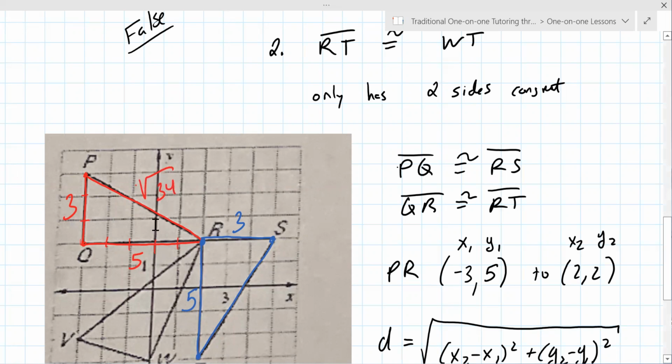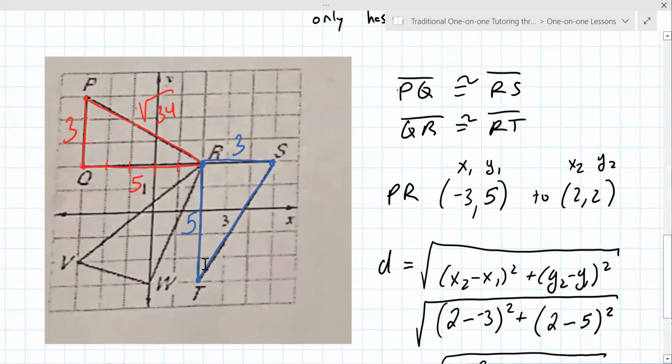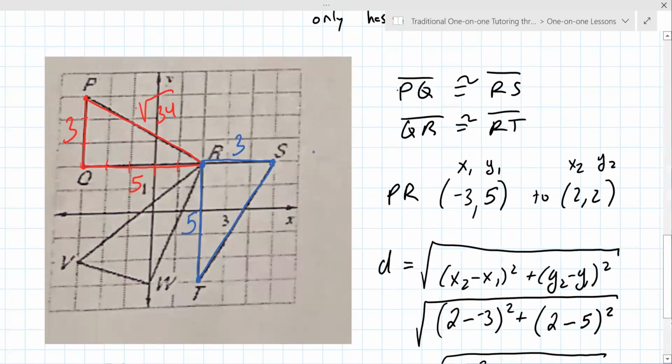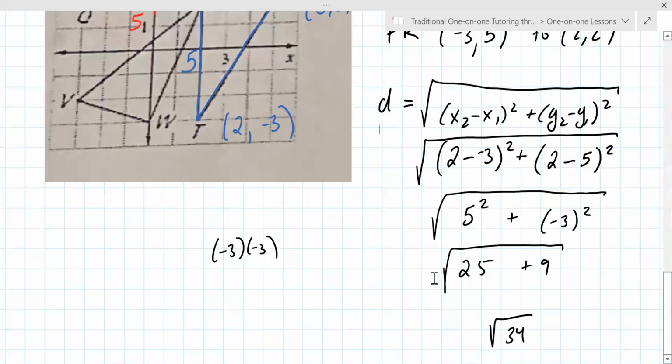Now we need to similarly find the distance from S to T. So I'm going to label those points. We're going to use the distance formula again. Those are our 2 points, 5, 2 and 2, -3.